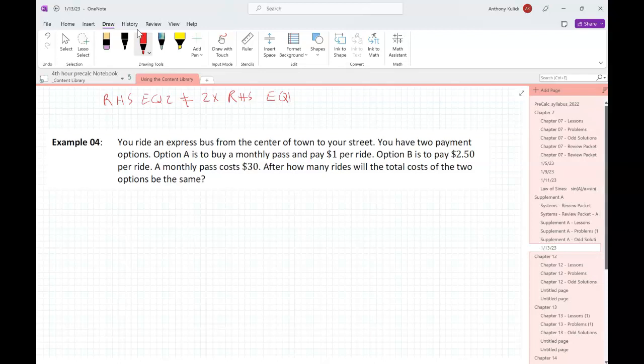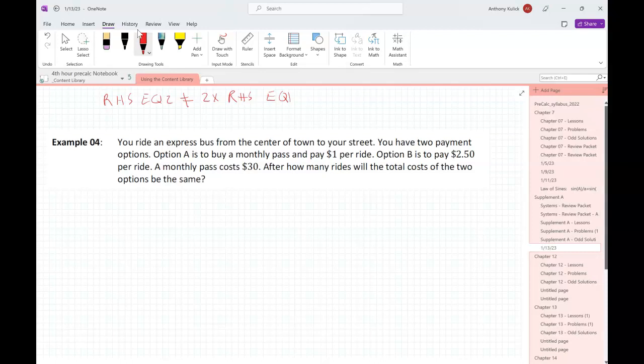You have two payment options. Option A is to buy a monthly pass and pay $1 per ride. Option B is not to buy the monthly pass, but you have to pay $2.50 per ride. A monthly pass costs $30. After how many rides will the total cost of the two options be the same?